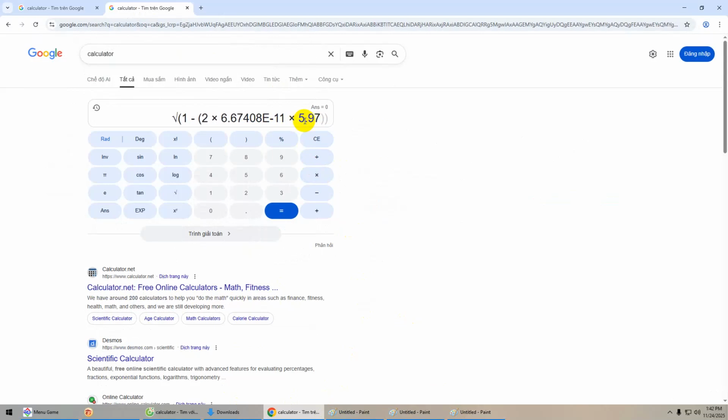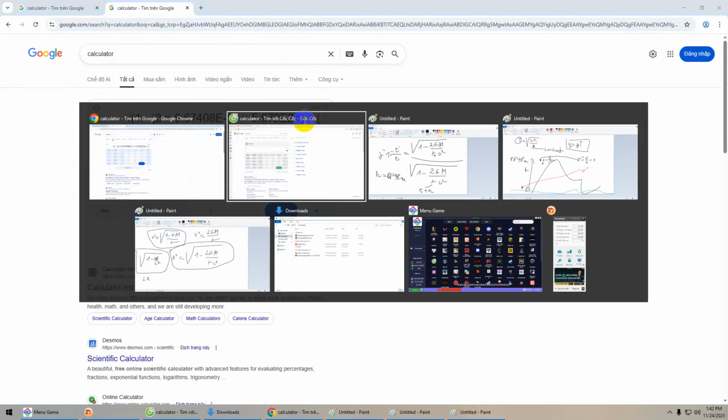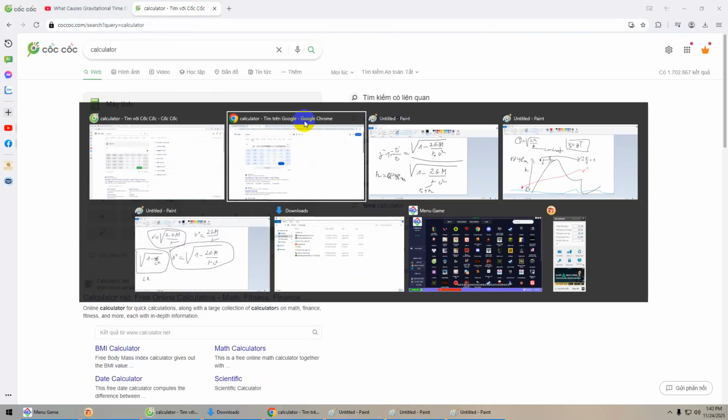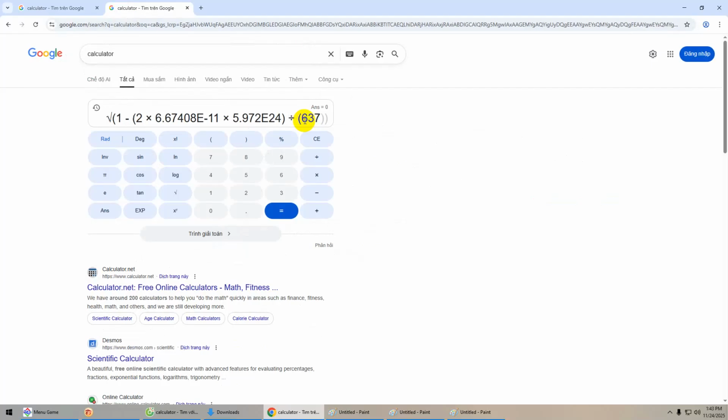We have the gravitational constant, the mass of the Earth, and we have to remember the radius of the planet multiplied by the speed of light square, and divide by this term again. Oh, sorry. And in this term, we have to add the radius of the planet with the height of Mount Everest. So this is the amount of time dilation we calculated earlier.